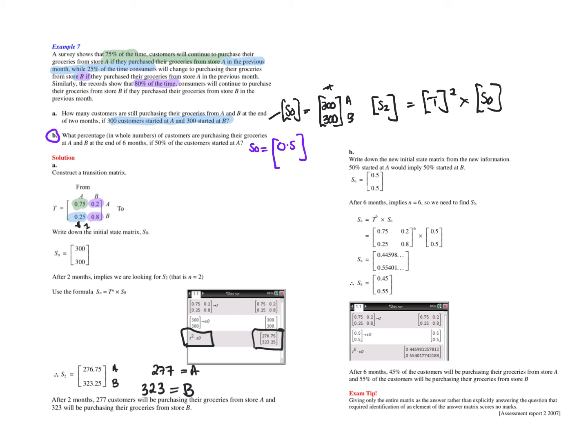So they're saying if 50% started at A, then the other 50% must have been at B. And this is where they get the S0. And they said after 6 months, so they really wanted S6. So you can see they've done T to the power of 6 times S0, and then there they've found it.